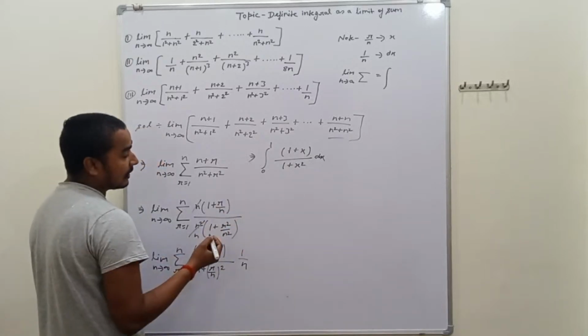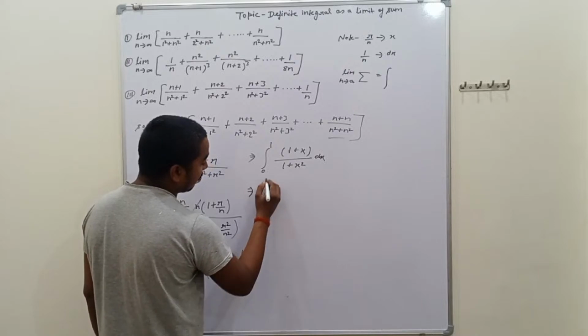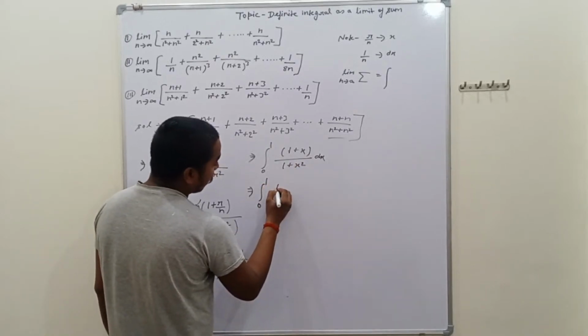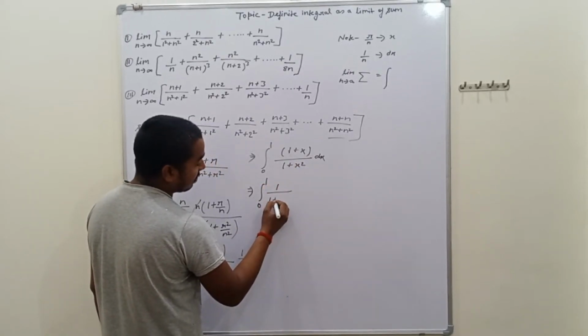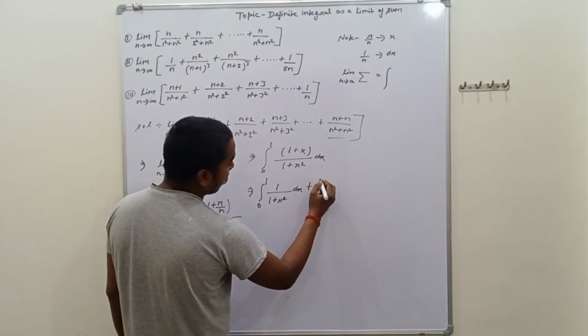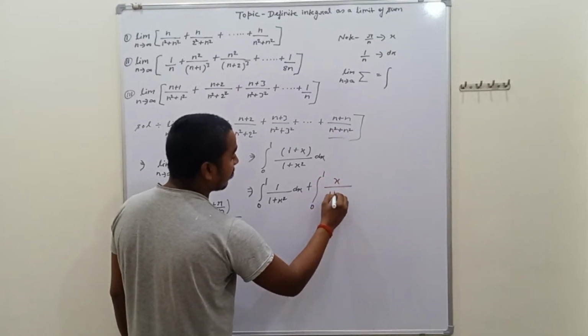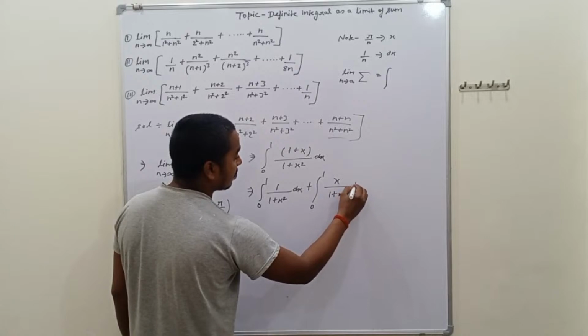This is the integration. Further, we solve it as integration from 0 to 1 of 1 upon (1 plus x square) dx plus integration from 0 to 1 of x upon (1 plus x square) dx.